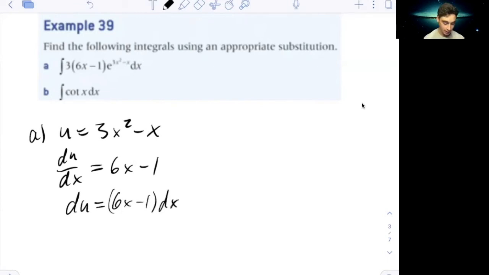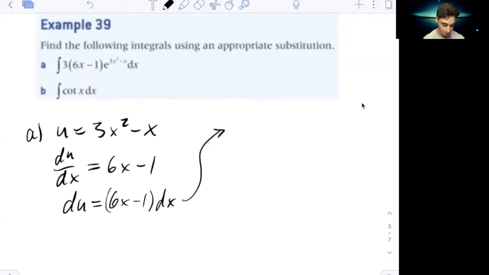Now if we look back at our problem, we can see it's actually a very easy solve from here. If we now substitute, we're going to have the integral of 3e to the u. And then this that I just circled, the (6x minus 1) dx, gets completely substituted in for du.